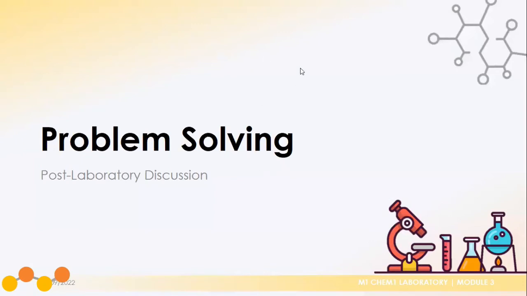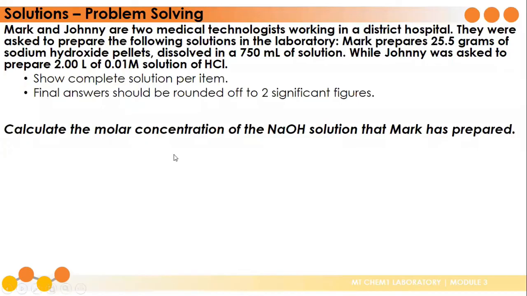Let's now proceed with the problem solving that is included in your laboratory worksheet. You are given one problem, but there are various questions that follow. First, read this one. Mark and Johnny are two medical technologists working in a district hospital. They were asked to prepare the following solutions in the laboratory.